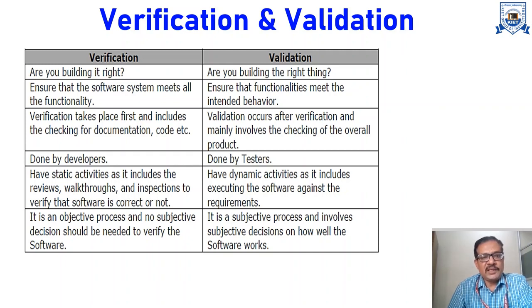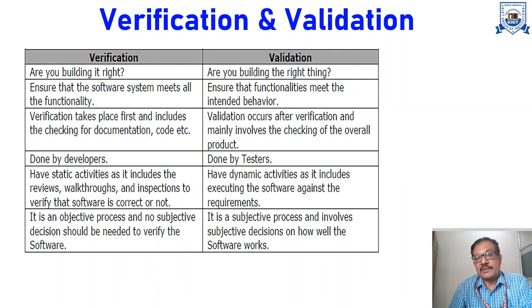Verification has static activities, as it includes reviews, walkthroughs and inspections to verify whether the software is correct or not. And validation has dynamic activities, as it includes executing the software against the requirements. Verification is an objective process and no subjective decision should be needed to verify the software.